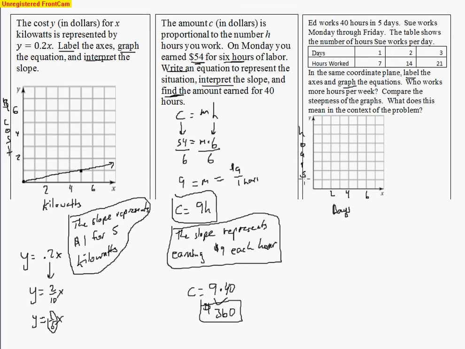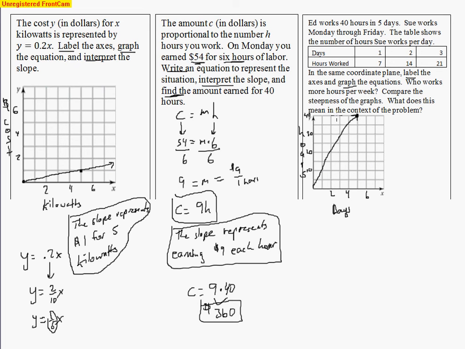So this is the hours worked, and I have numbers now. I got to get up to 40 hours. So I'm looking at this, I'm thinking 5, 10, 15, 20, 25, 30, 35, 40. So I can go by fives here. So this is 10, this is 20, this is 30, and 40 hours put me right at the top. And so Ed works 5 days, and he worked 40 hours. So 5 days, 40 hours. There's Ed's line right there.